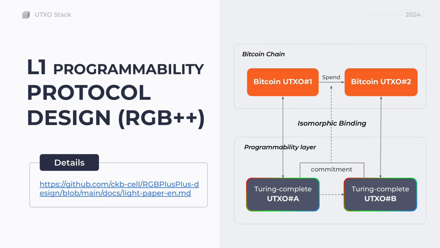The idea is simple. Every Bitcoin UTXO only consists of 2 important components. The first one is the amount variable, which means how much Bitcoin itself is contained in this UTXO.